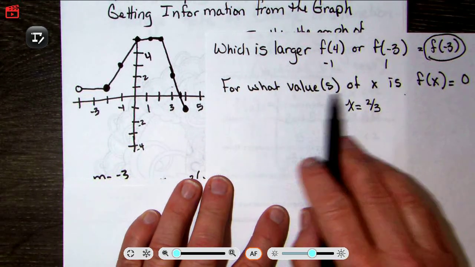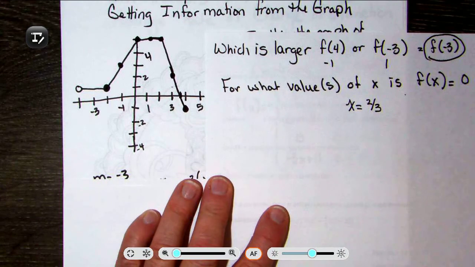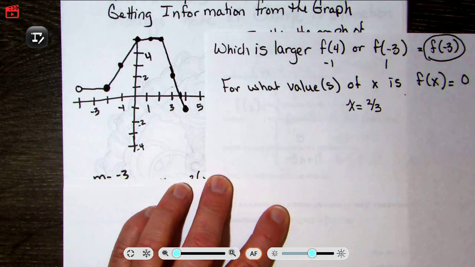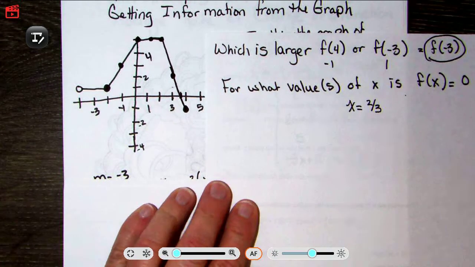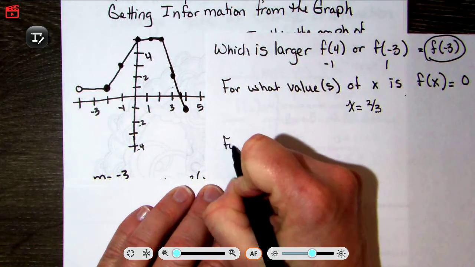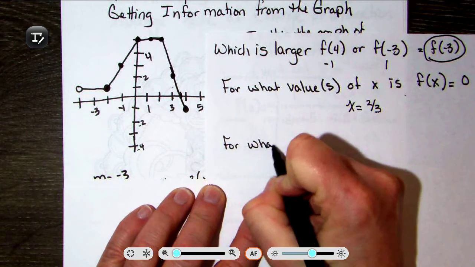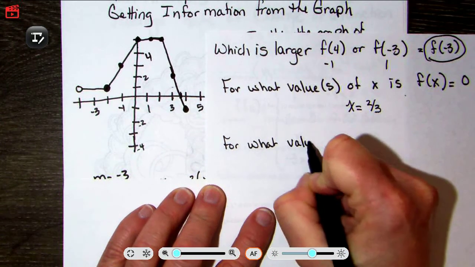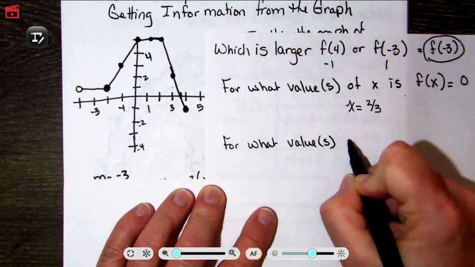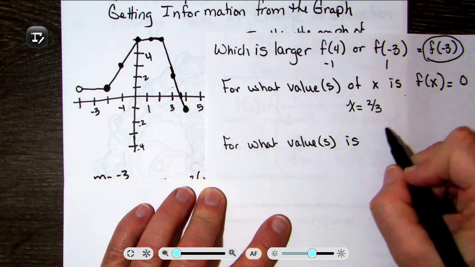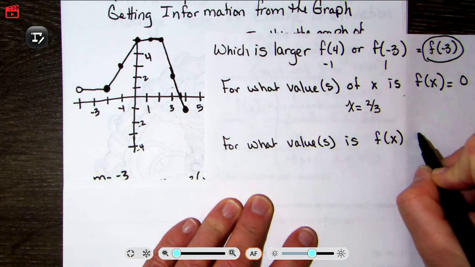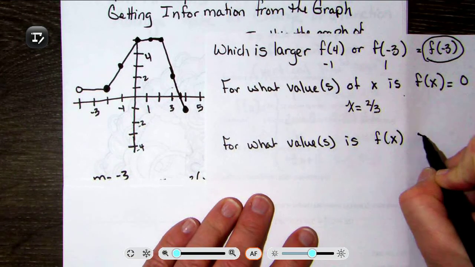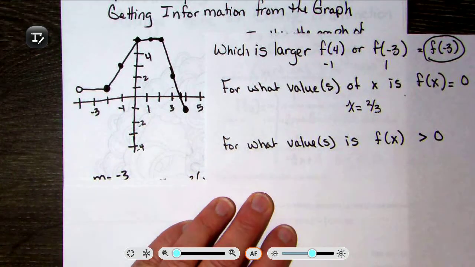So when they ask you where is f of x equal to something, they're asking where is that function, where are the y values equal to that value. For what values of x is f of x, let's say, greater than 0?